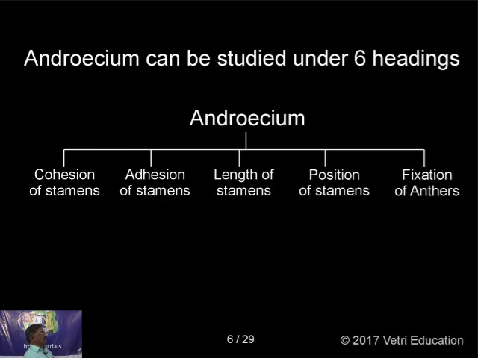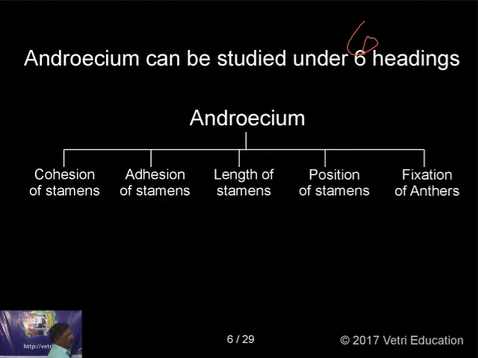So we have to study the androecium under these headings. So 1, 2, 3, 4 headings we have. The first one is the cohesion of the stamens, that is the anther lobes itself unite, and adhesion. Here you can find filaments are fused, and here you can find the stamens. The next one, the adhesion, is the attachment with the other floral parts, whereas in the cohesion the stamens unite themselves.